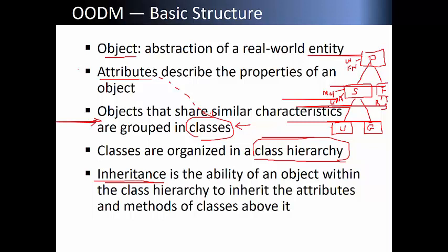In addition to that, undergraduate might have some others, maybe a capstone project. Graduate students might have a thesis topic. So this class has only thesis topic defined, but graduate students can inherit all the properties from the superclass.